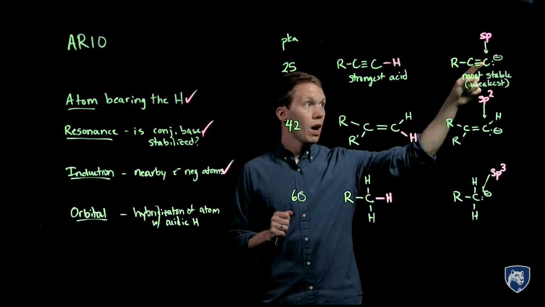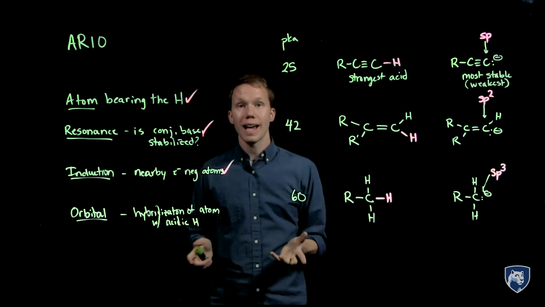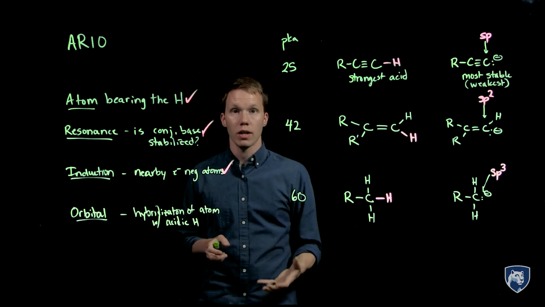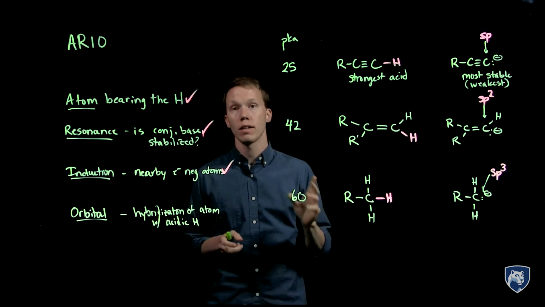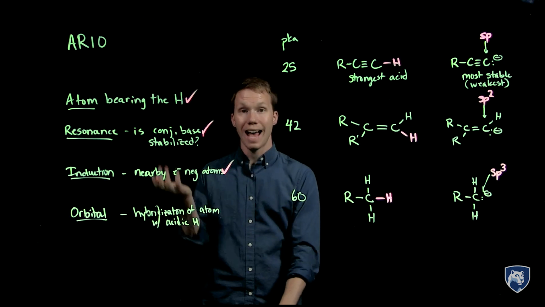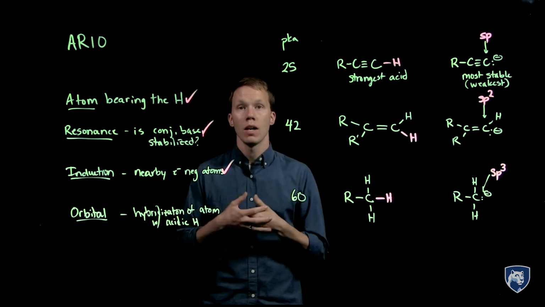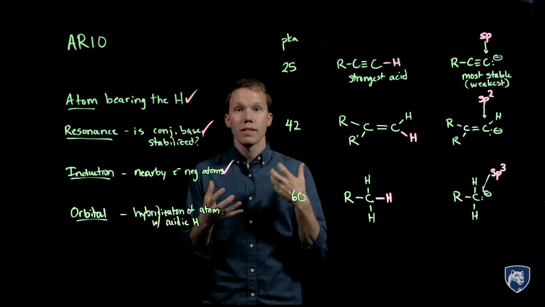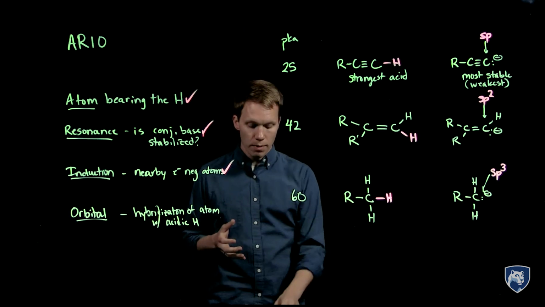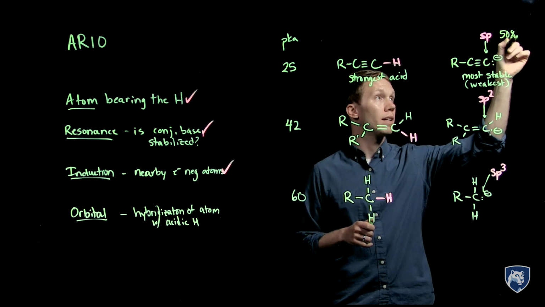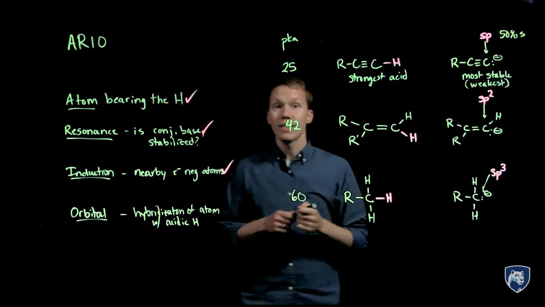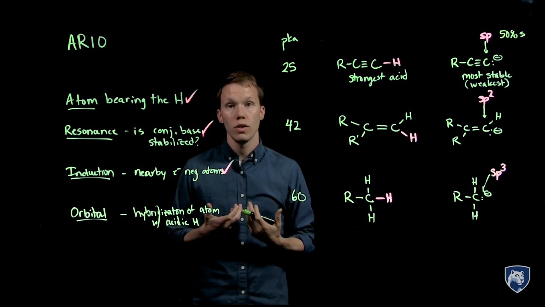All right, so this is sp hybridized. Turns out that the more s character that there is in an orbital, so sp, it's a mixture of the s orbital and a p orbital, okay? 50% s, 50% p. So this has 50% s character. The s orbital is closer to the nucleus.